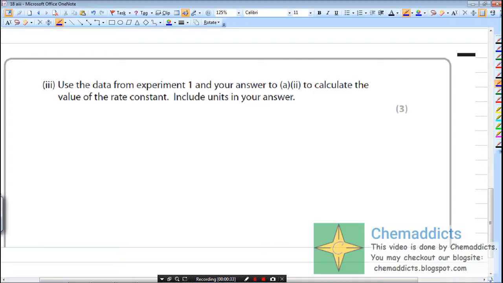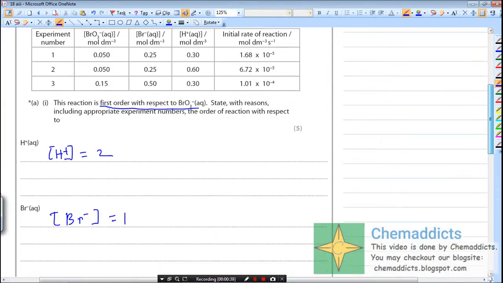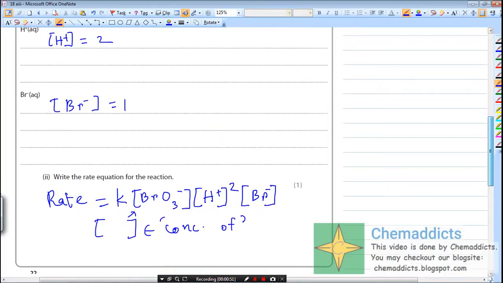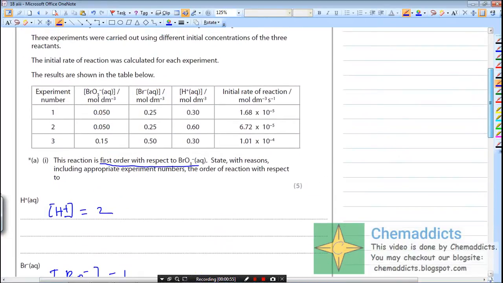Previously we discussed finding the order of H plus ion of this particular reaction and finding the order of Br minus of this particular reaction. Then we extracted the rate equation for this reaction using this data.